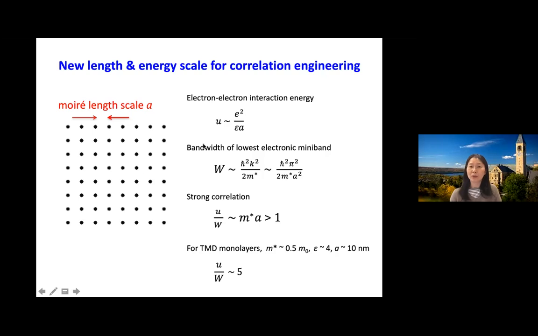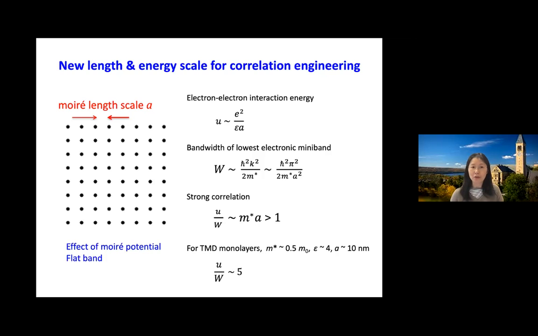On the other hand, the bandwidth of the lowest electronic miniband is proportional to momentum squared, which is inversely proportional to distance squared. So the ratio of interaction to kinetic energy scales like the effective mass times the distance. And this value can be relatively big for the semiconductors I'm going to talk about, because the mass is on the order of half the electron mass, and this Moire period is on the order of 10 nanometers. So this can be immediately on the order of 5.